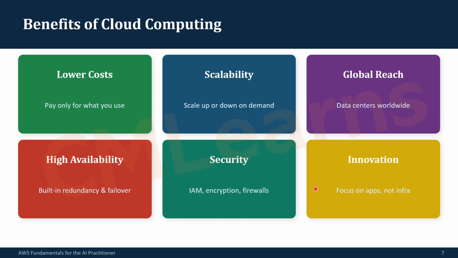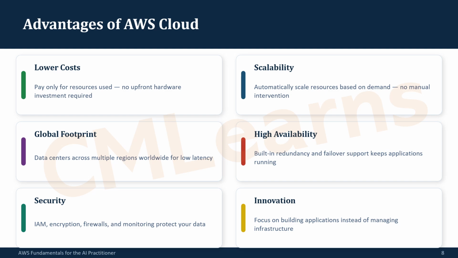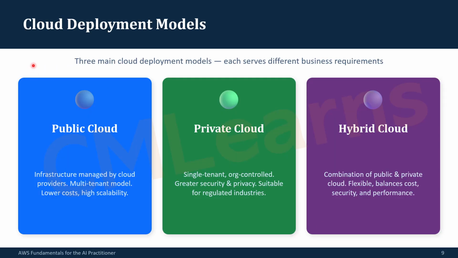That's the solution to the problem we had: we don't have to waste any time managing infrastructure. We can focus mainly on innovation, that is development. So those are the benefits of cloud computing, and these are the advantages. It's the same thing: low cost, scalability, global footprint with data centers and availability zones all over the globe, high availability, security, and innovation.